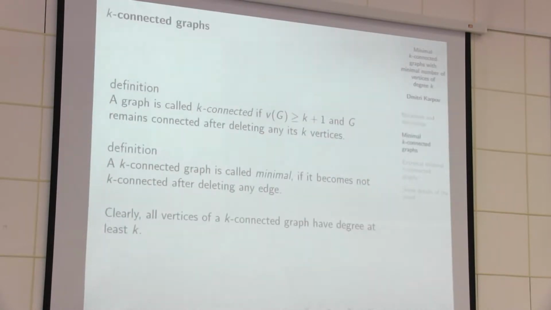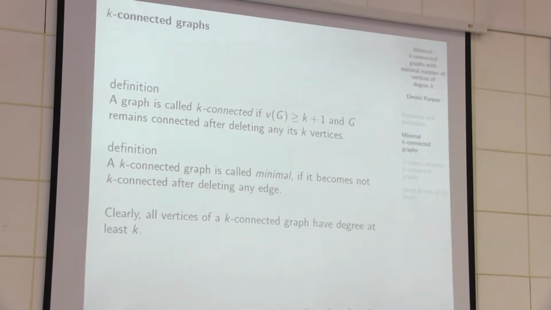Let us proceed with the common definitions. A graph is k-connected if it has at least k plus 1 vertices and is connected and remains connected after deleting any k minus 1 vertices.